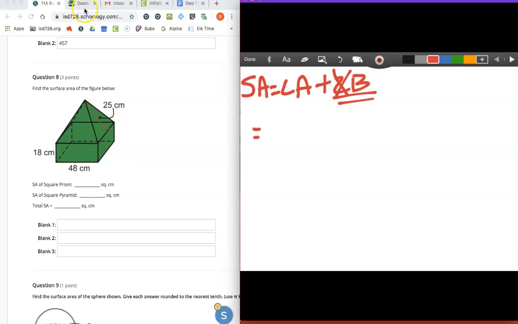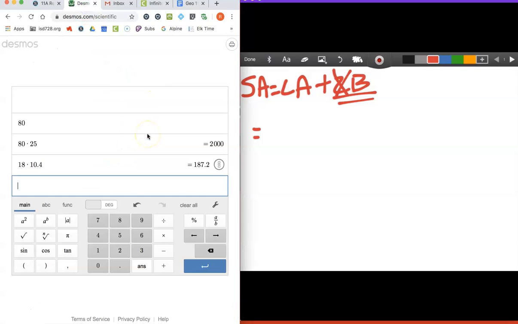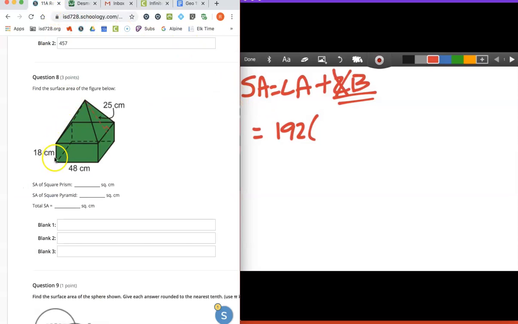Okay, so we can do 48 times 4 to get our perimeter. So for lateral area, we have 48 times 4, which is 192. That's our perimeter. And the height is 18.